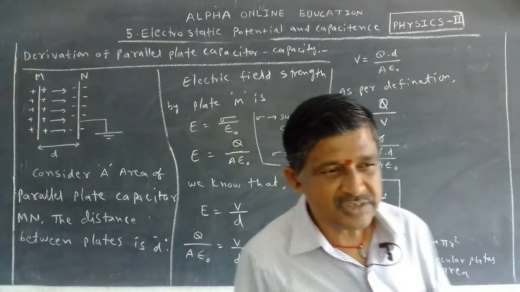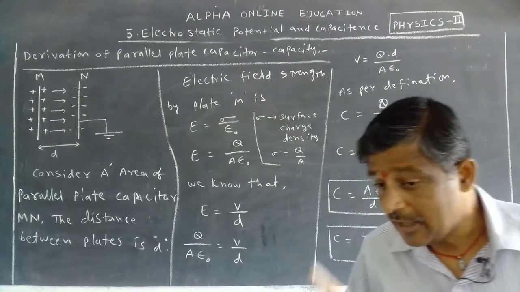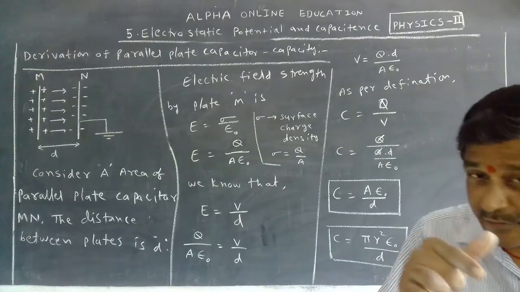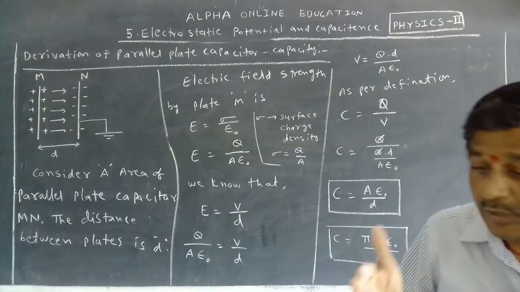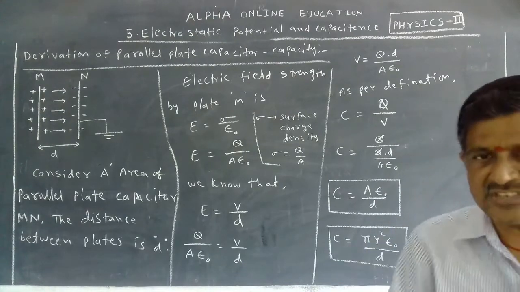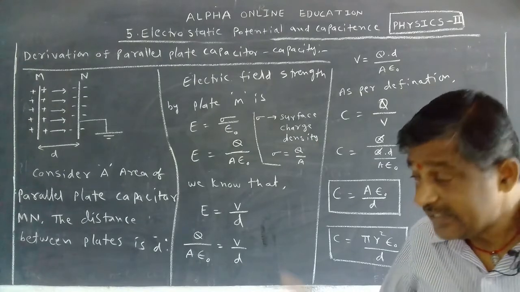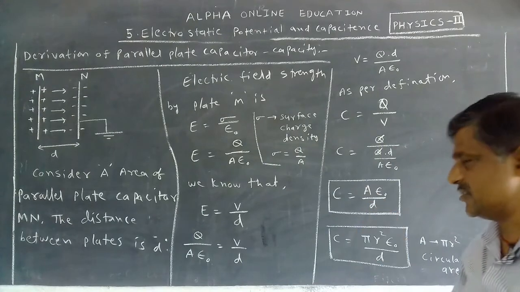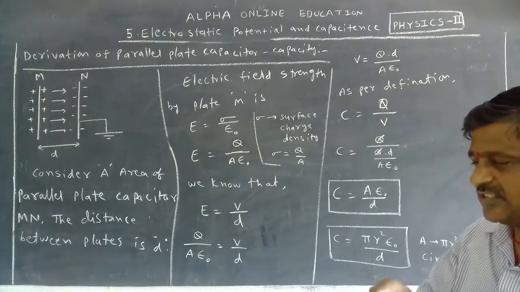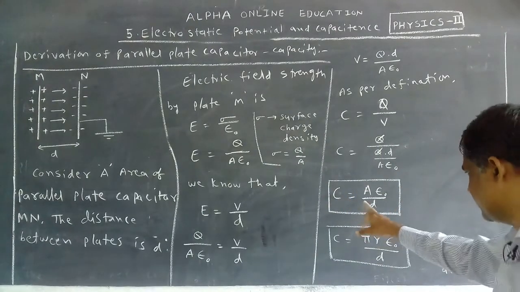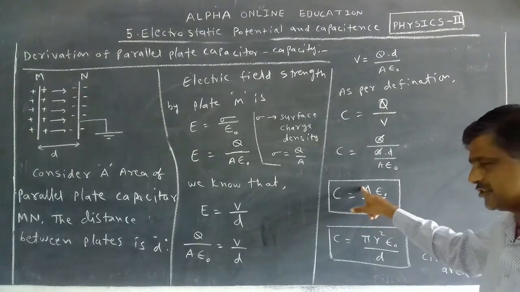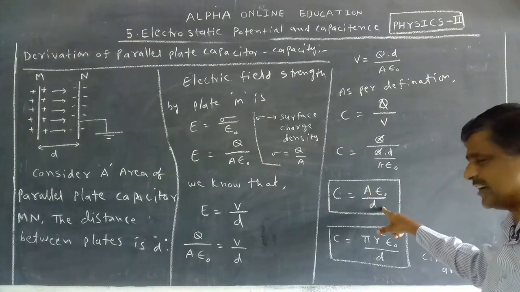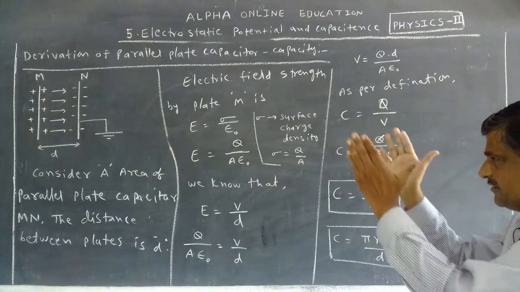In the definition of capacity, capacity increases by reducing the potential. But here, in the parallel plate capacitor, the capacity depends on 2 factors from this equation. First it depends on area. Second it depends on distance between the plates.